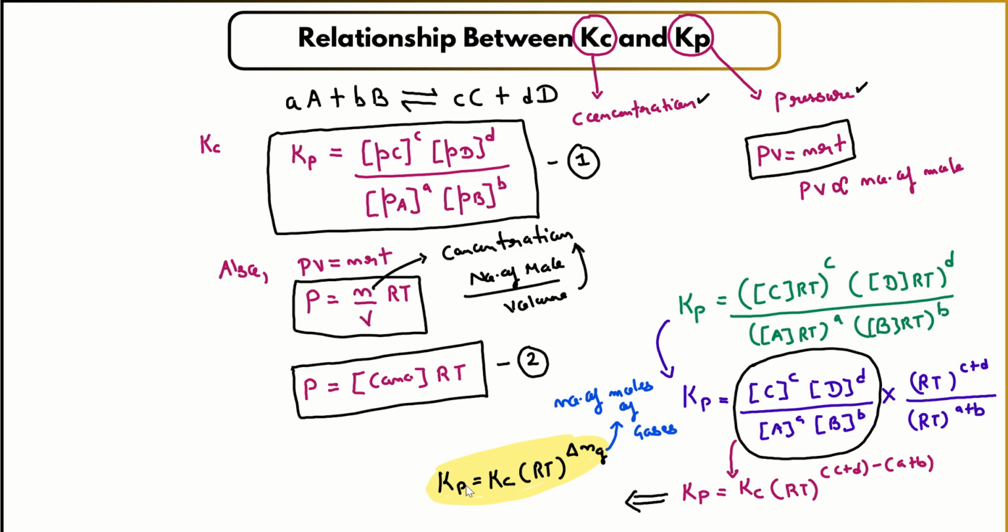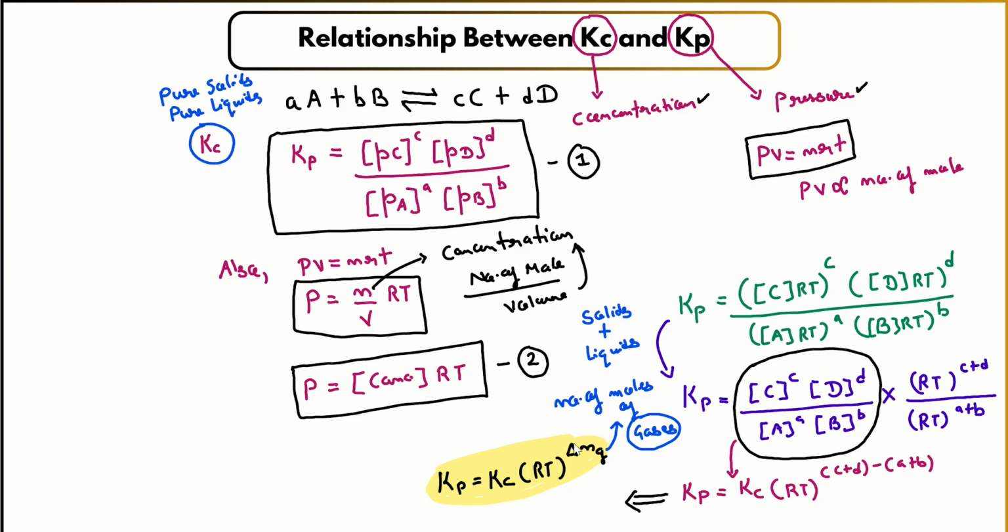In the equilibrium constant in pressure, you have to take the number of moles of gases only. You have to avoid taking the number of moles of solids as well as liquids. This was our rule that we studied earlier in Kc, that pure solids and pure liquids were ignored.